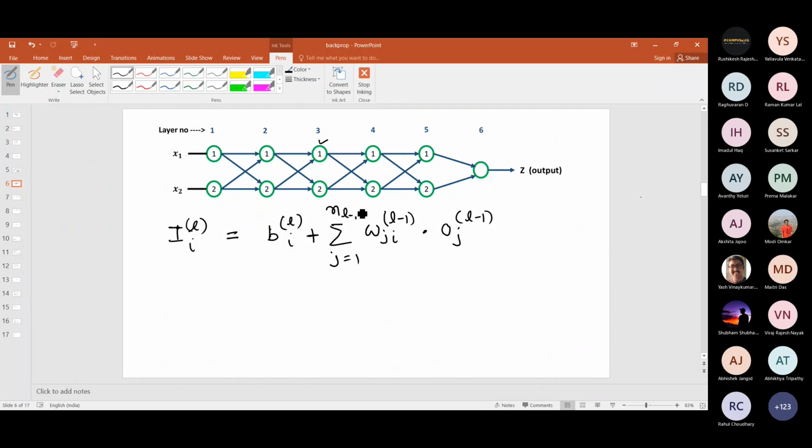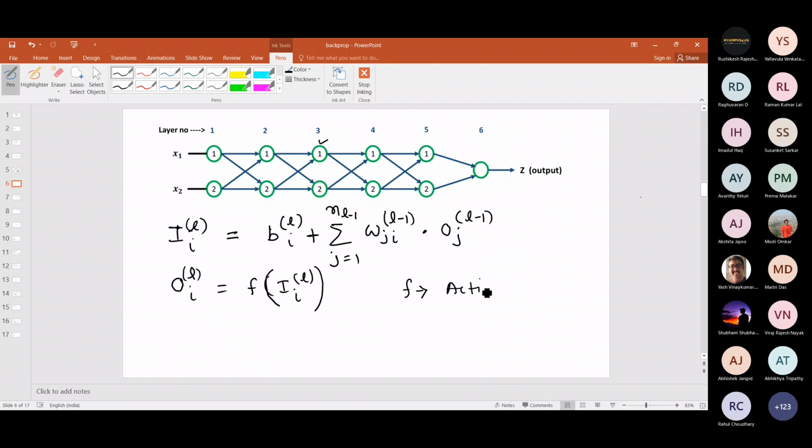All right, so this is the input. Similarly, the output for a particular neuron, consistent with my notation, is nothing but f of I_L_i. Here f is the activation function.